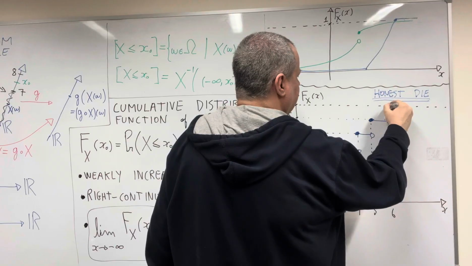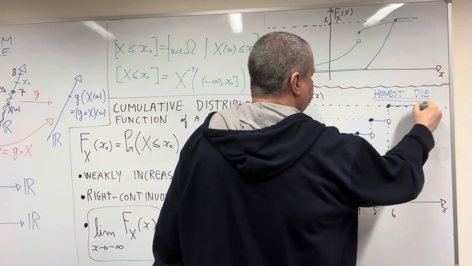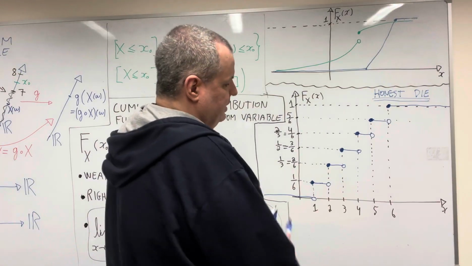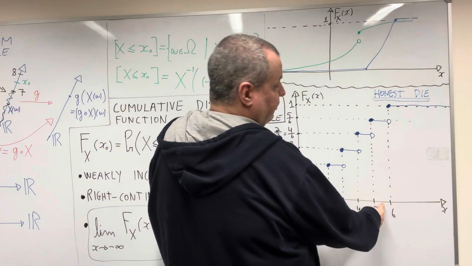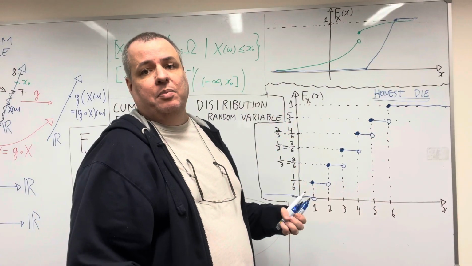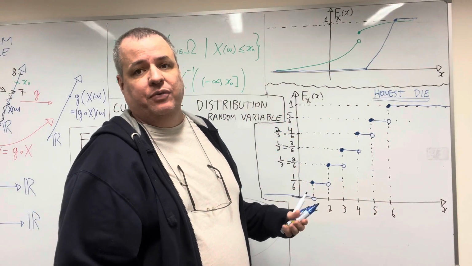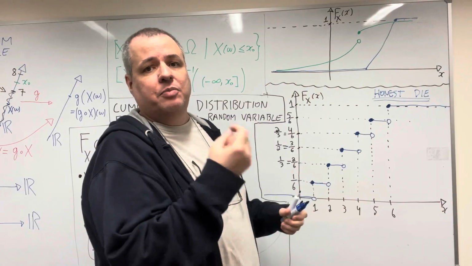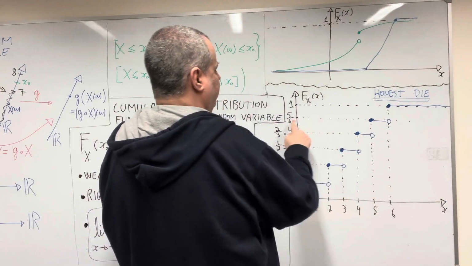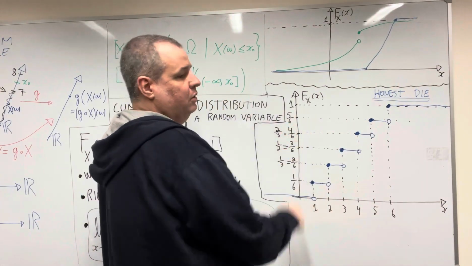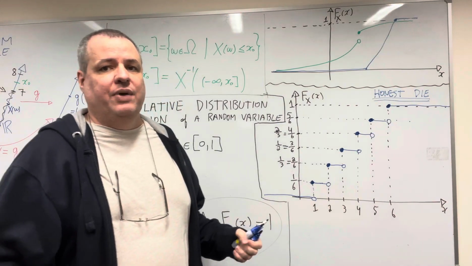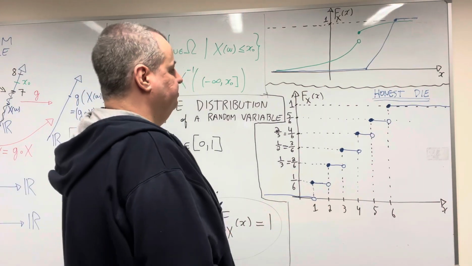And then the probability becomes just 1. So for instance, if you are here at 5.5, what's the chance that you throw the die and the outcome is smaller or equal than 5.5? Well, the outcomes that are good are 1, 2, 3, 4, 5, so you have 5 chances in 6.